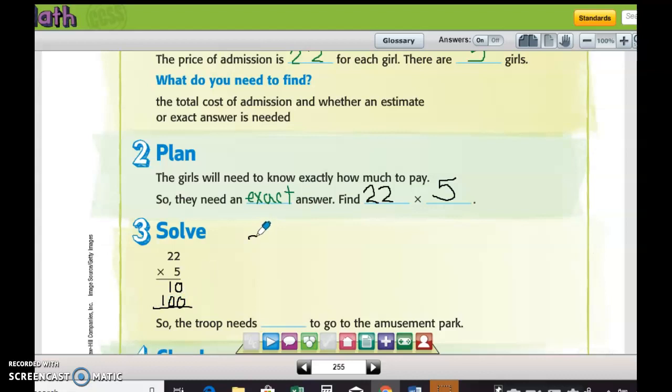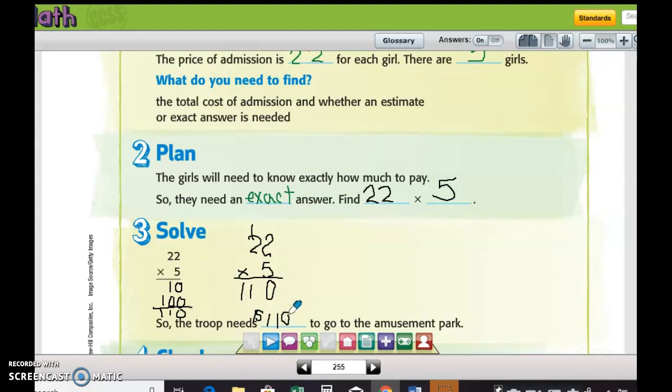Or you can do the standard algorithm like I learned and like your parents learned, and set it up, and then do your regrouping, which will also get you the right answer. 5 times 2 is 10. 5 times 22 is 10, plus 1 more is 11. And you notice the answer in both cases is 110. So the troop needs $110 to go to the amusement park.